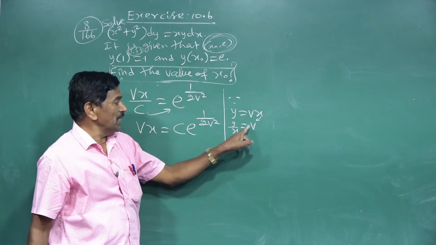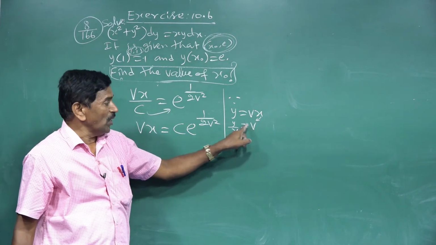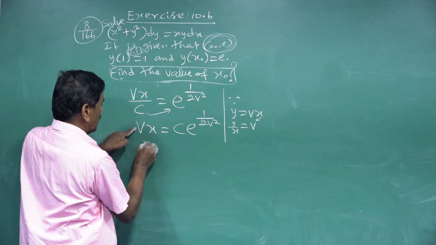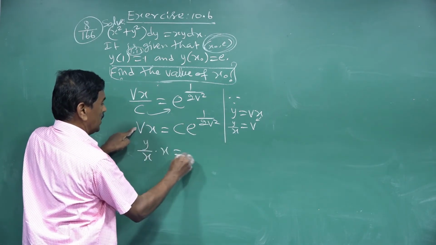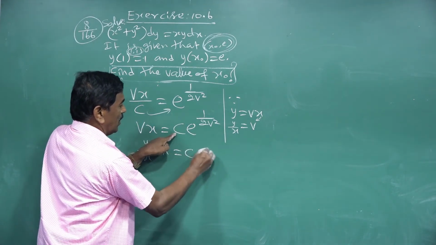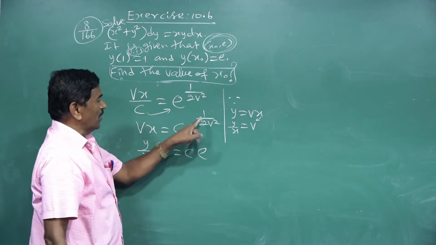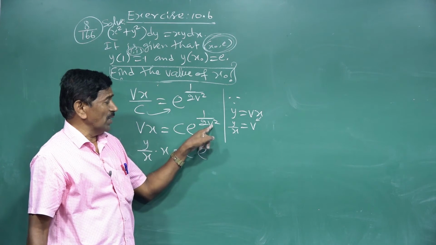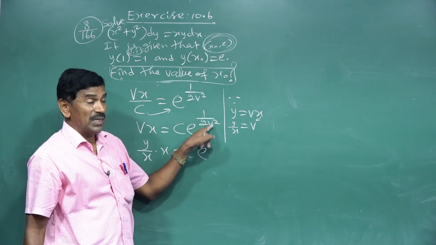Now put v is equal to y by x, v square equal to y square by x square, likewise. Okay, here v, where v is equal to y by x, into x is equal to c into e power 1 by 2v square. Here 1 by 2 is a constant multiple, fixed. Okay, v square, but v square in reciprocal form, that is important.